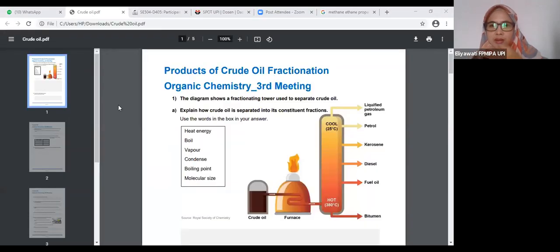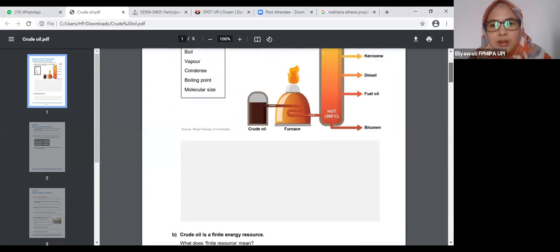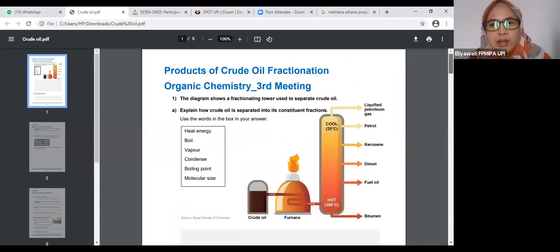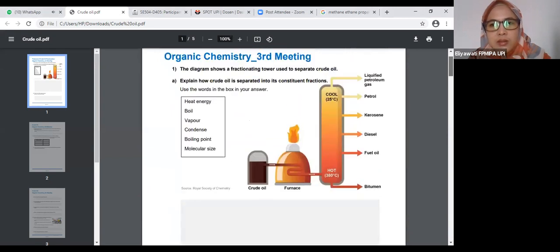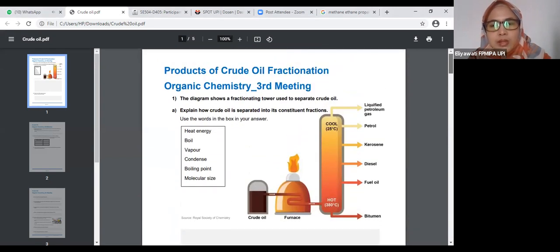As usual, for the worksheet, if you have a printer, print it. If you don't have a printer, you can write your answer and then put your answer in this paper. Mostly the products of alkanes that we find in our daily life are crude oil products.